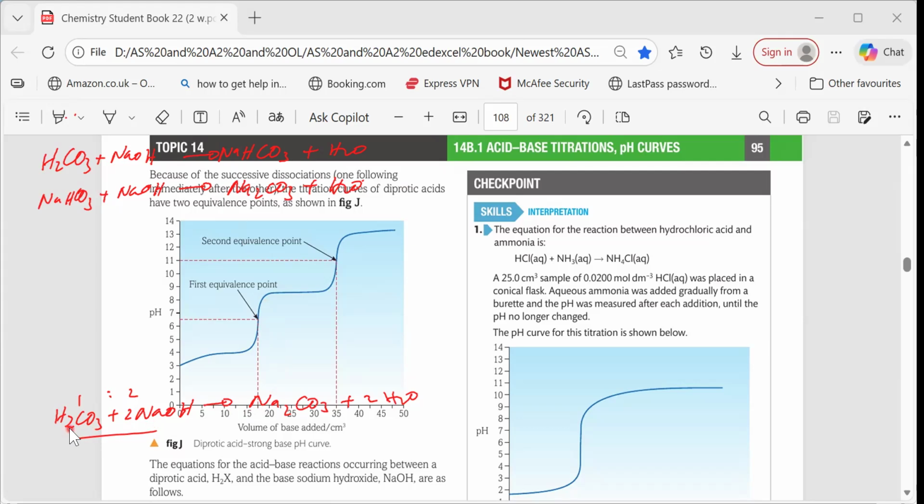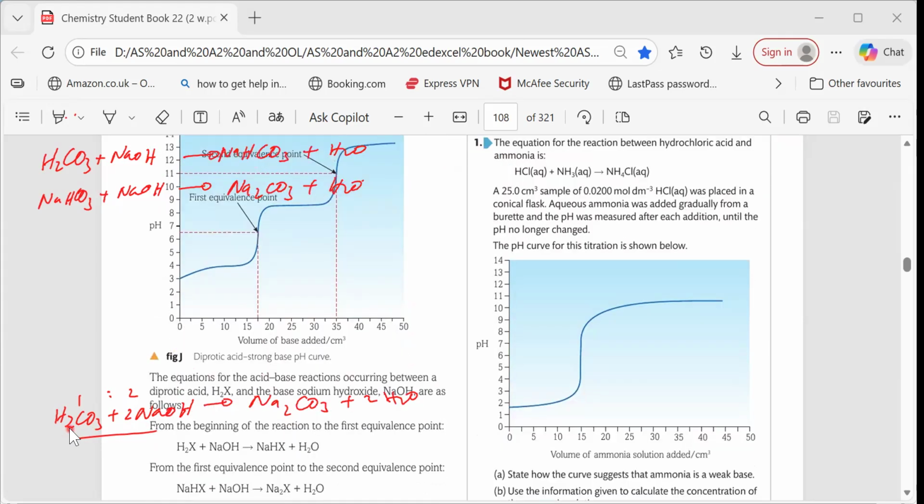Understand me? And here, if any problem asks you to find the concentration of carbonic acid, you have to get the number of moles of sodium hydroxide that reacted with it. So if you are going to use this volume, which is the 35, you are going to use it at once. You say that the number of moles of sodium hydroxide is equal to the concentration times volume.